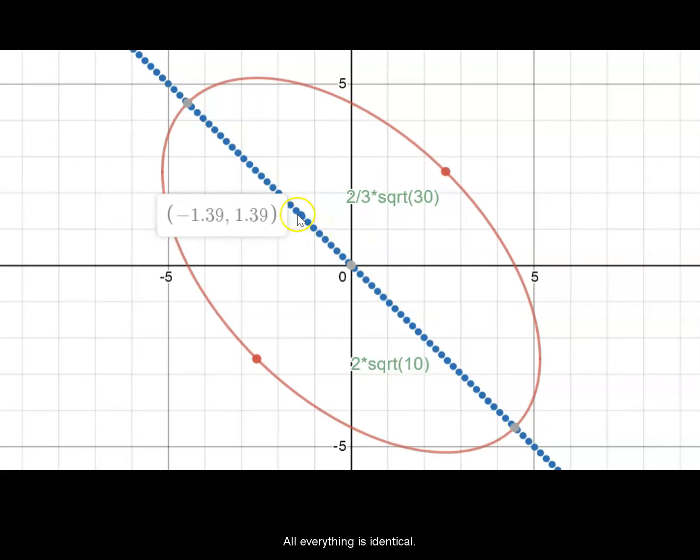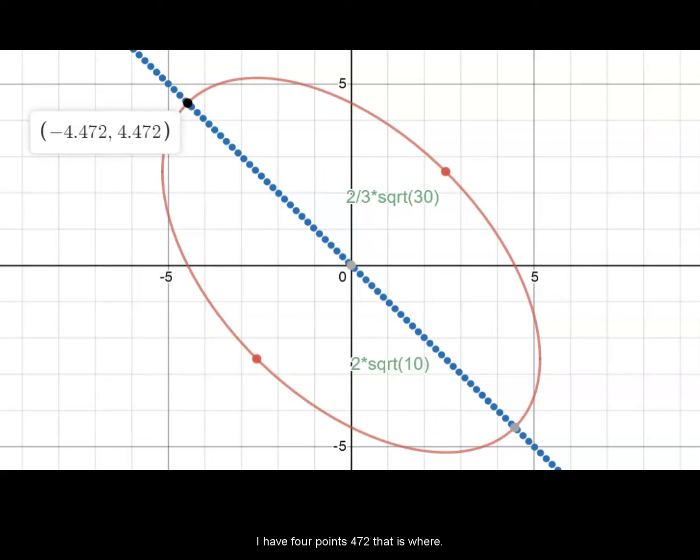Everything is identical here, and as you can see, I have 4.472. That is where this endpoint is. To check that these are the same, notice that this forms a triangle with a length of 4.472 and a height of 4.472.